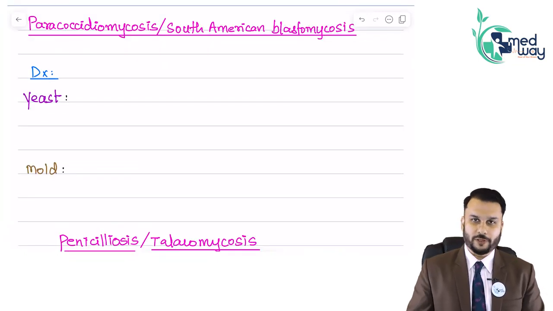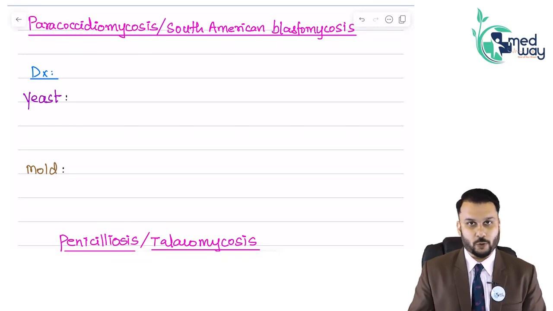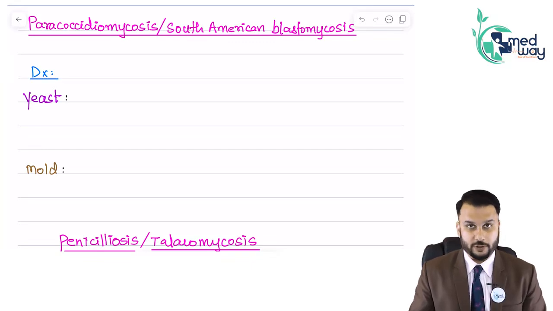The next dimorphic in our list is called paracoccidiomycosis, which also happens to be known as South American blastomycosis. Now let us start as usual by looking at the name of the fungus associated with it.